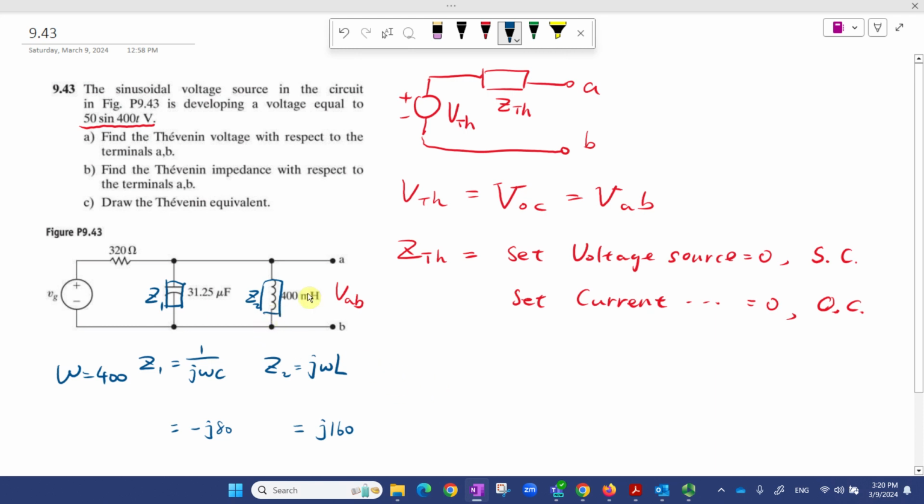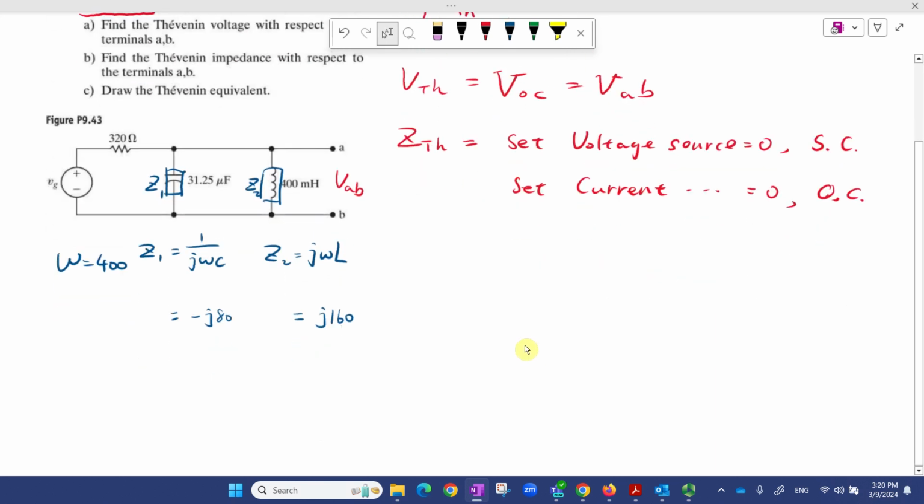Let me scroll down a little bit. To find the voltage here, first we want to combine these two, so we can have a resistor and a combined impedance Z. The voltage VAB becomes a voltage divider, right?